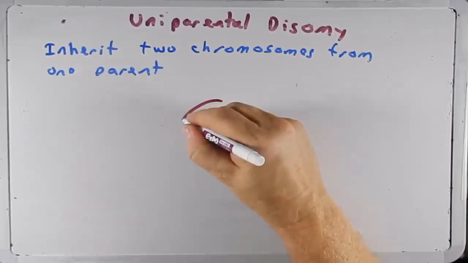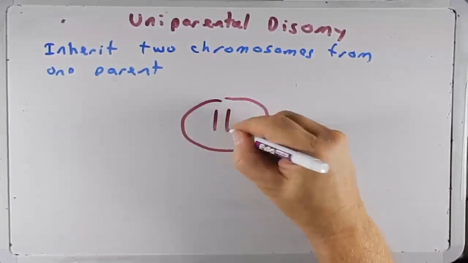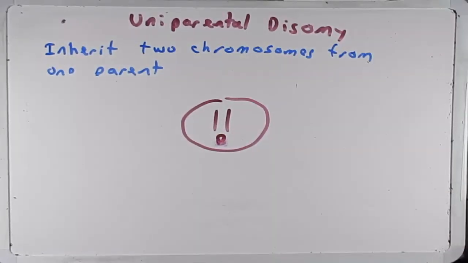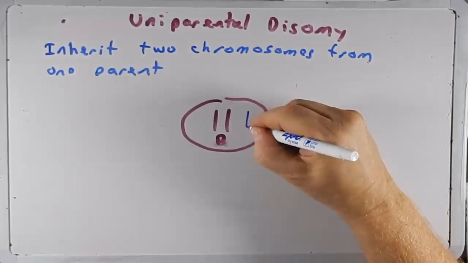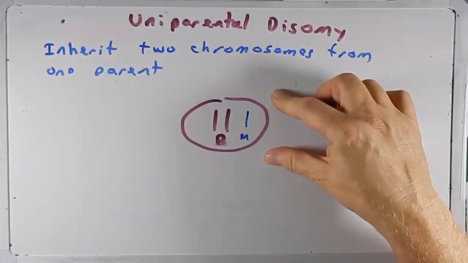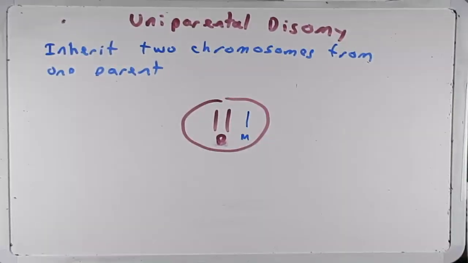Another way this could happen is you could have a zygote that has 3 copies of 21, 2 of paternal origin, and the other, say, of maternal origin. So this is a trisomic individual, and if it's chromosome 21, they would have Down syndrome.